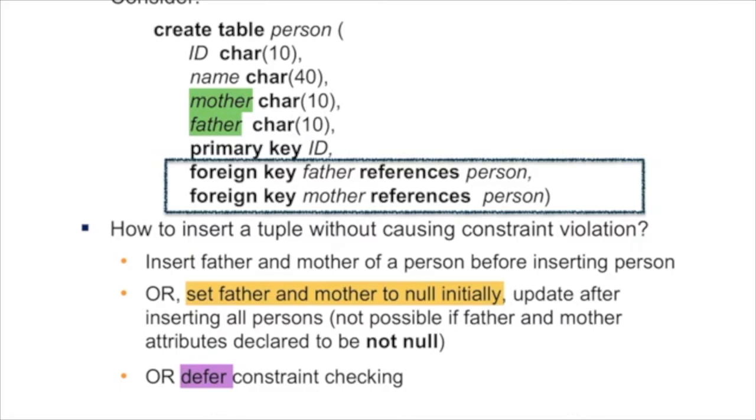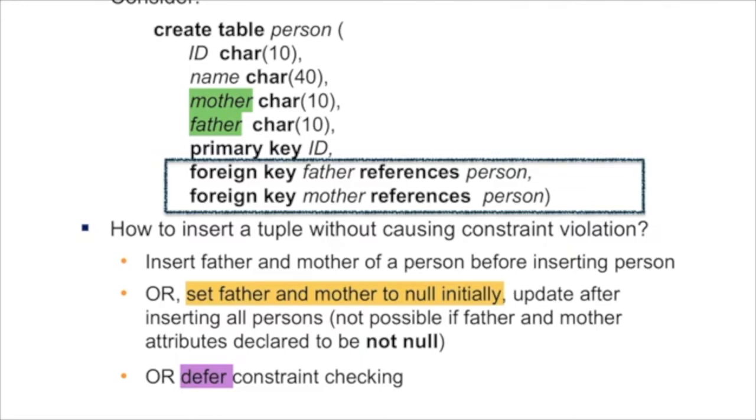However, if we include the person without the mother ID or the father ID, it will disobey the integrity constraint. So how do we insert a tuple without causing such constraint violation? So either unahin mo muna yung father and mother so that meron na silang primary ID before you insert yung child nila.